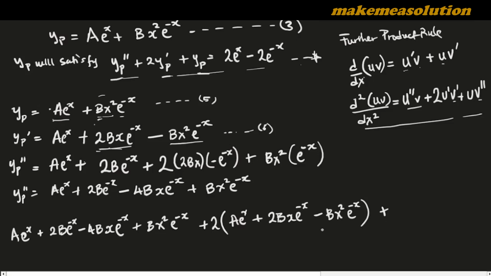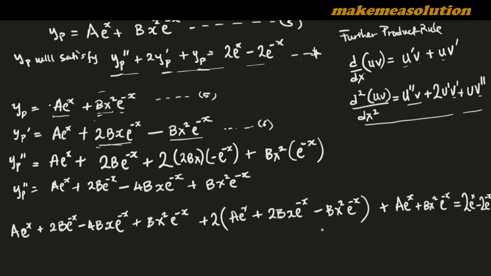So for yp, I have a exponential x plus bx squared exponential minus x. And this should be equal to 2 exponential x minus 2 exponential minus x.